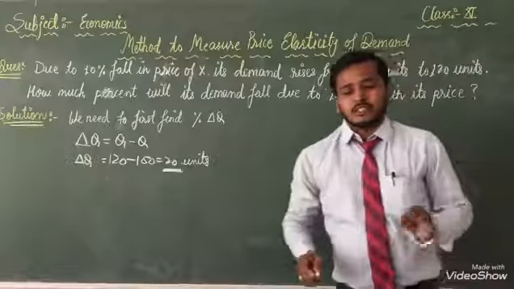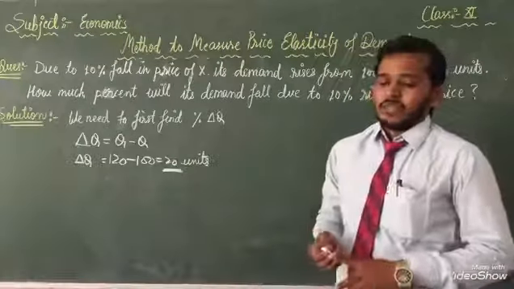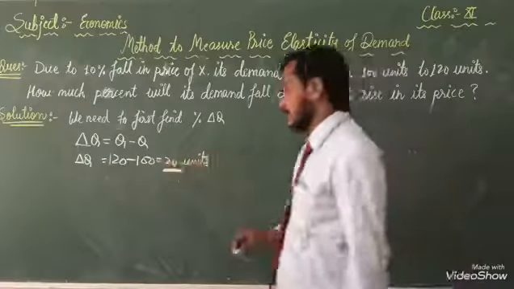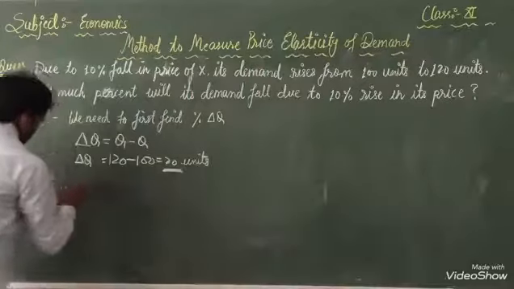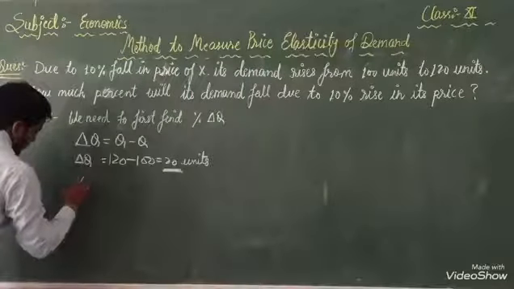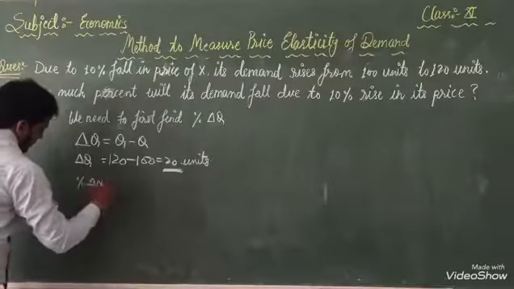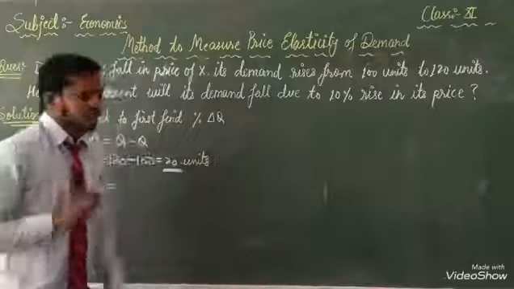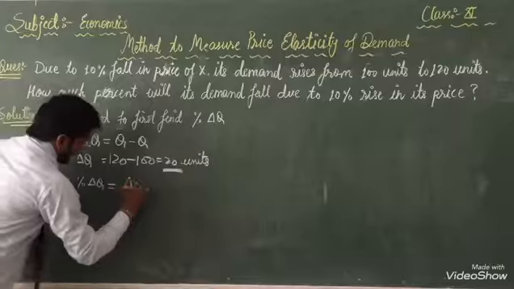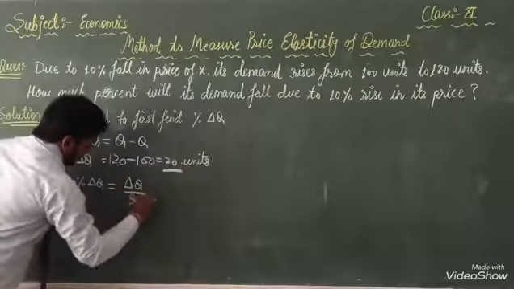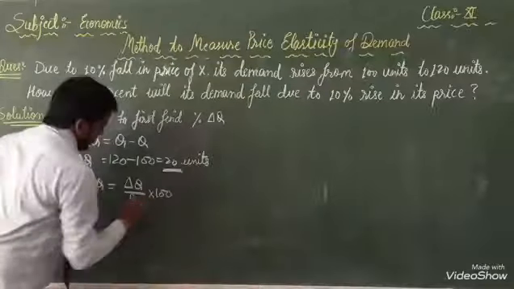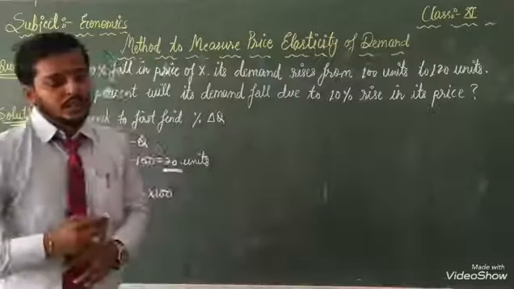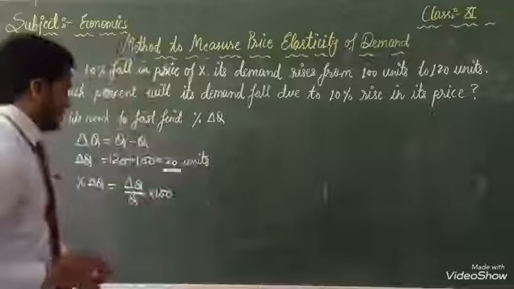Same process. Now we have to find the percentage change in q. Before that I told the formula: del q by q into 100. On this process of valuation we can calculate.